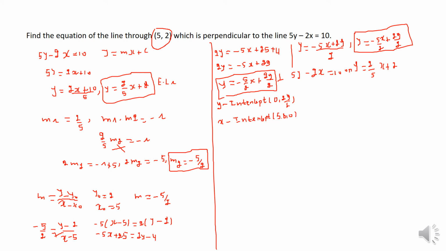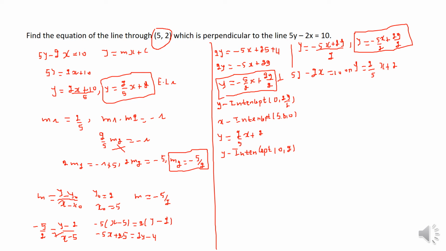For the second equation, we will have y is equal to 2 over 5x plus 2, means that the point of the y-intercept, where x is equal to 0, y is equal to 2.